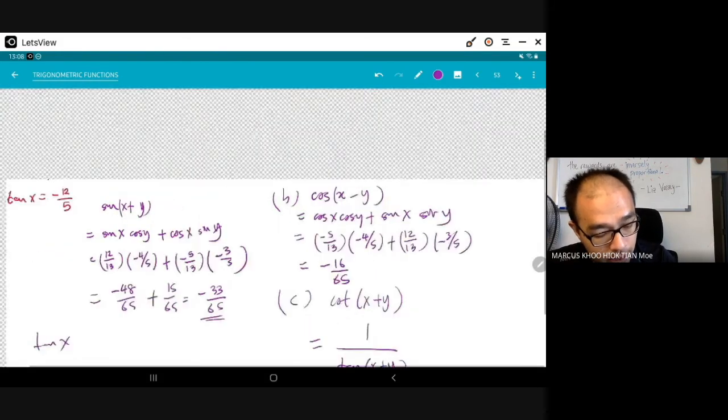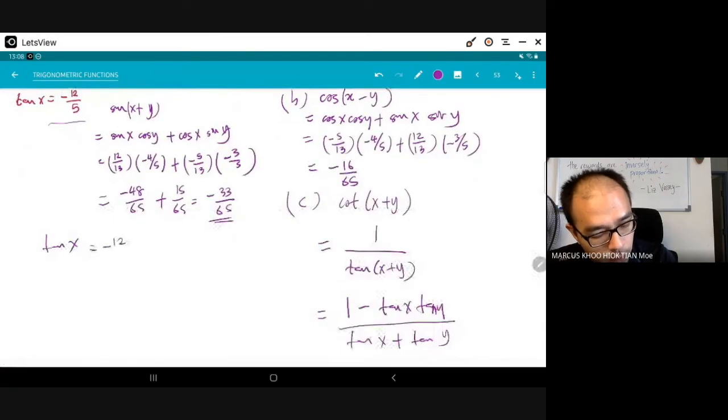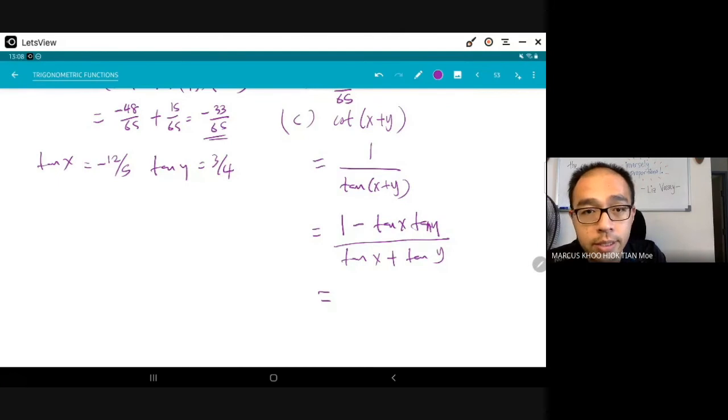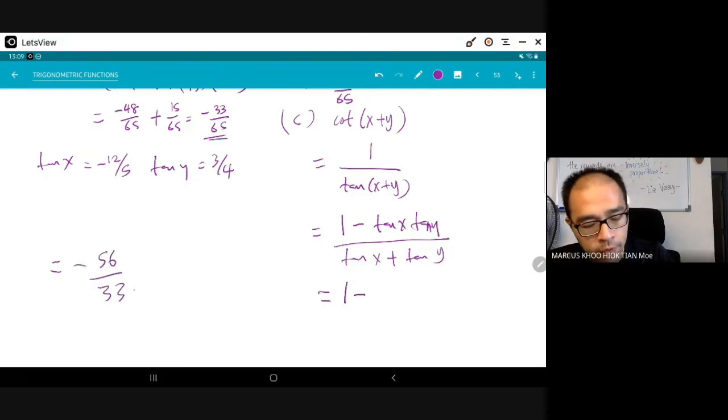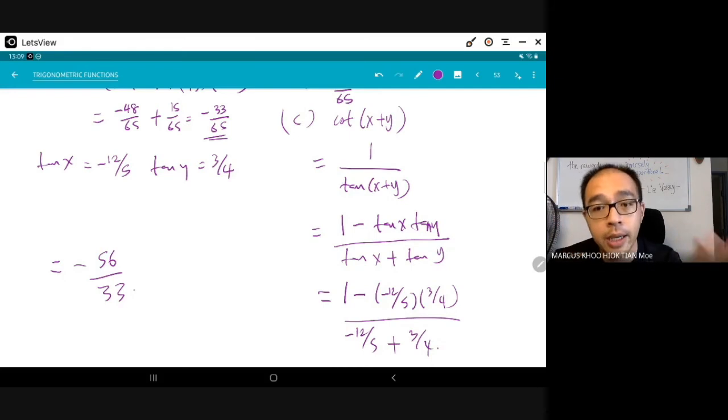Tangent x is negative 12 over 5, and tangent y is 3 over 4. When you substitute, go ahead, tell me the answer. The answer is negative 56 over 33. If you're going to show the working, it's 1 minus negative 12 over 5 times 3 over 4, over negative 12 over 5 plus 3 over 4. Do everything separately and then bring it all together. In the end, you get negative 56 over 33.